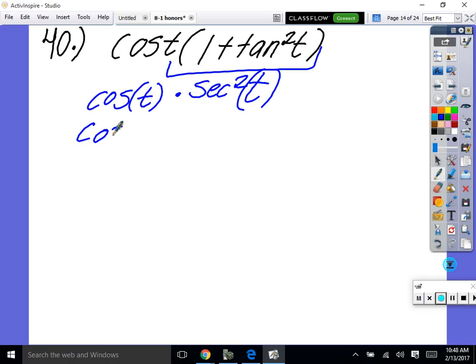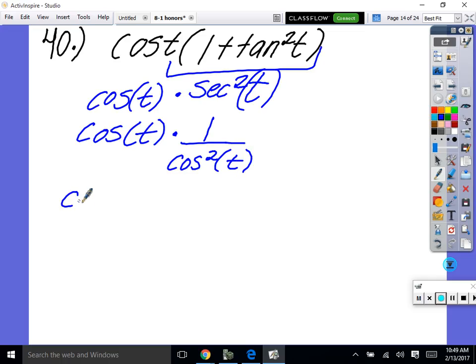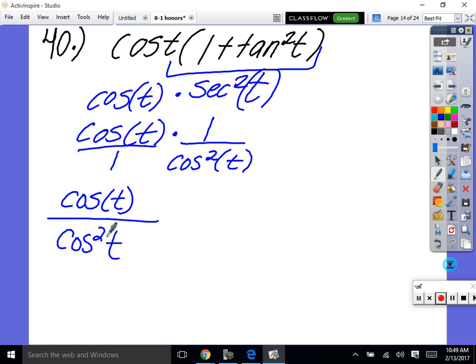Okay, cosine of t times what's secant squared t? The same thing as 1 over cosine squared t, right? No, the answer's not 1. So we have cosine of t over cosine squared of t, because we can multiply straight across. 1 over cosine of t.